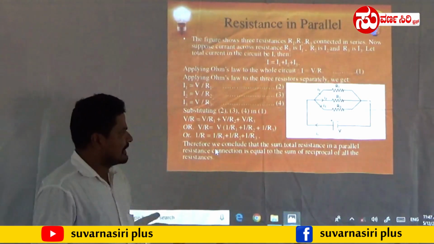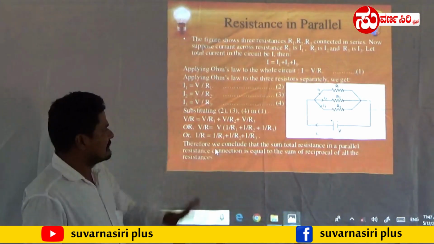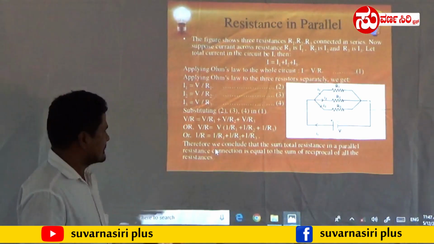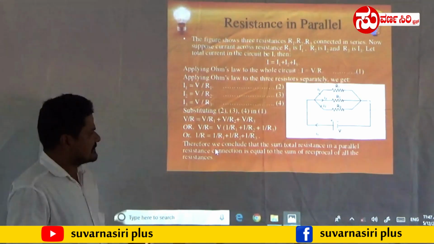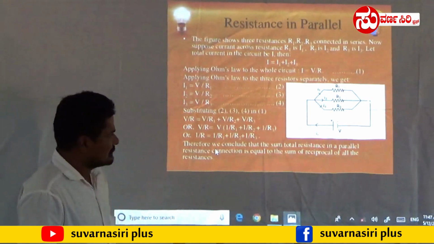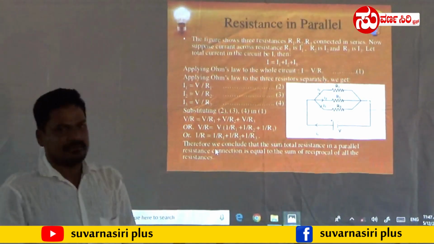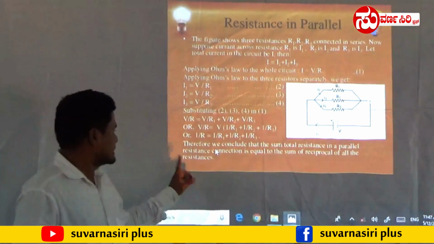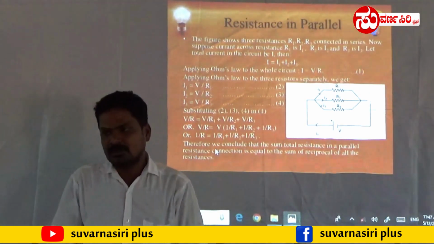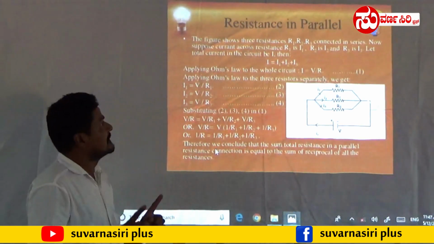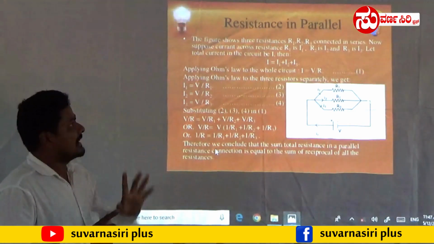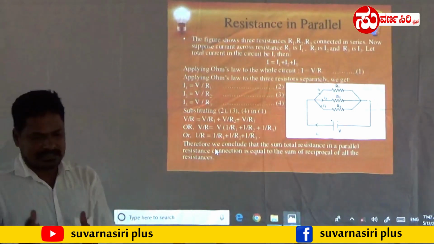We concluded that when resistors are connected in parallel, the reciprocal of the total resistance is equal to the sum of the reciprocals of all the resistors.